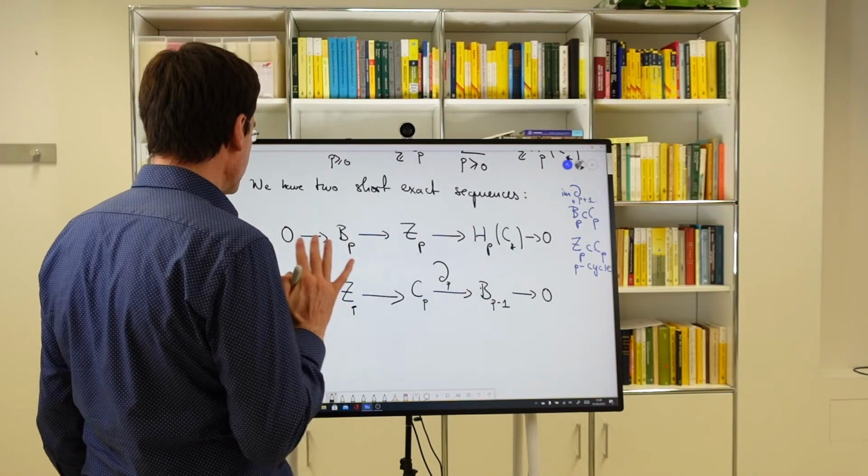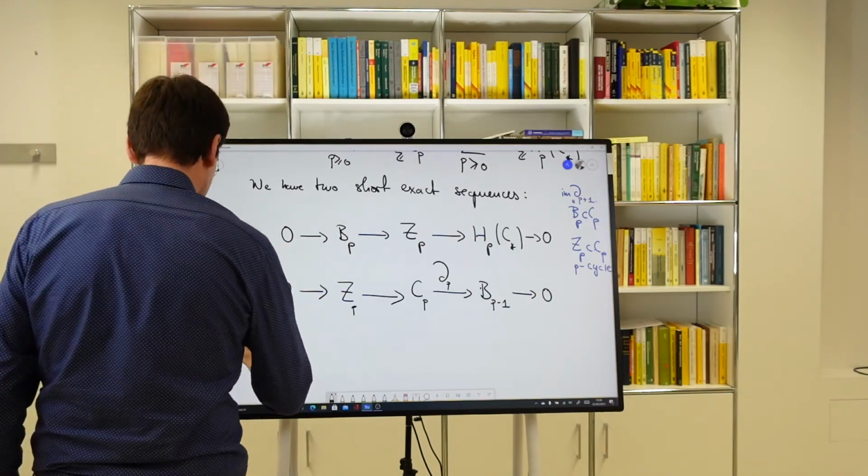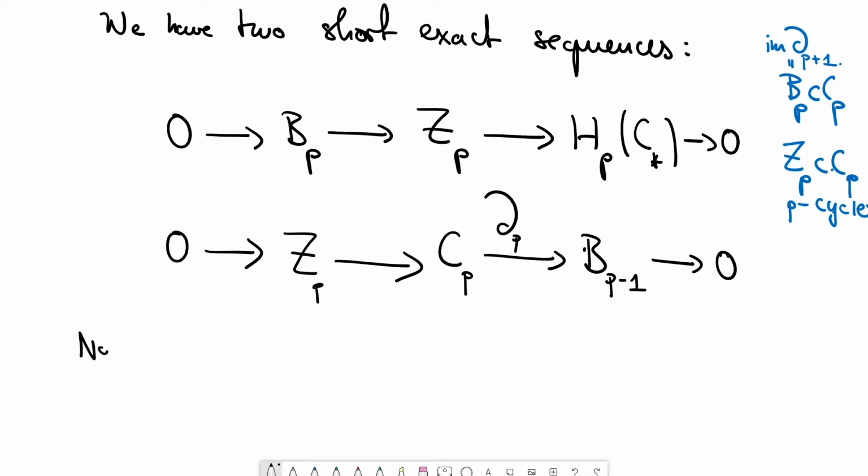Now, the important fact that we have to use is that the rank of an abelian group is additive for short exact sequences.